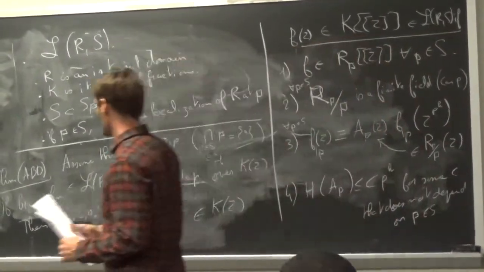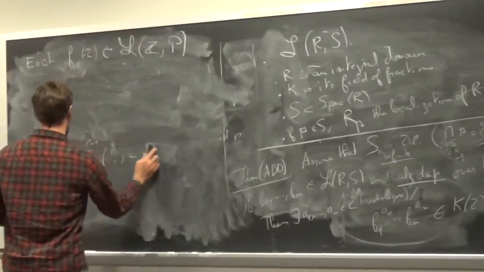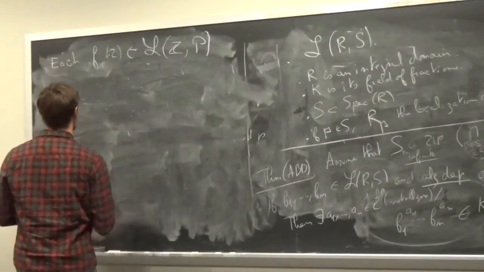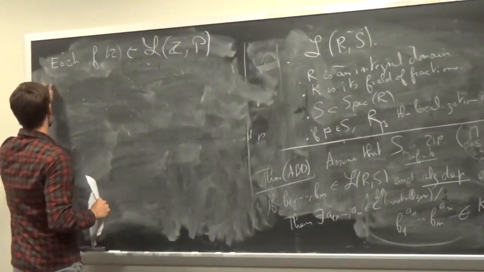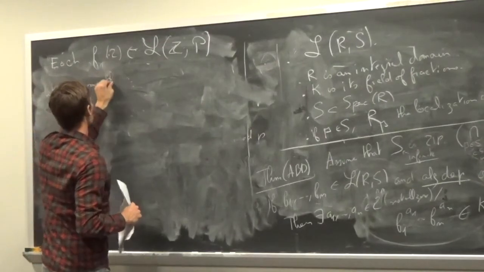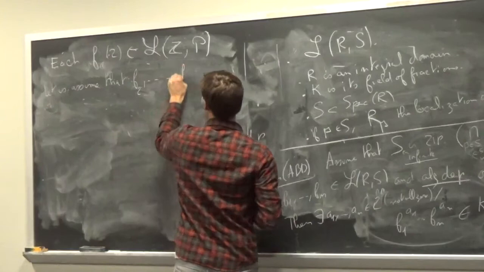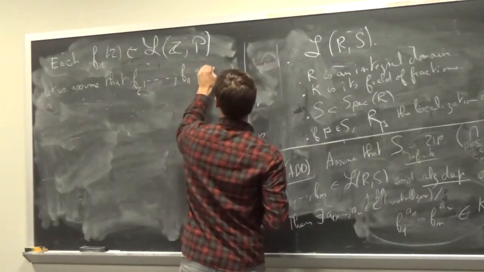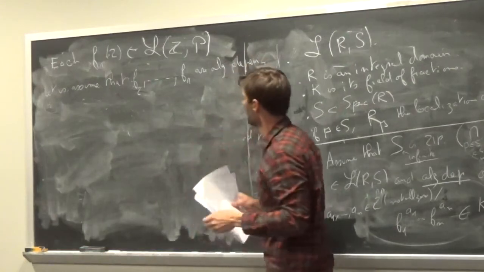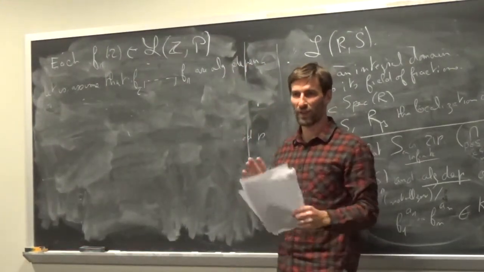And now I can use the criterion, so let us assume that F2 through Fr are algebraically dependent. Okay, because F1 is algebraic, so in the theorem it starts with 2.